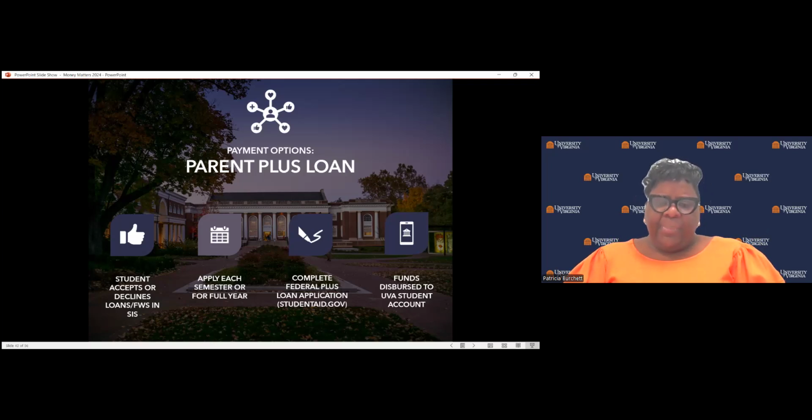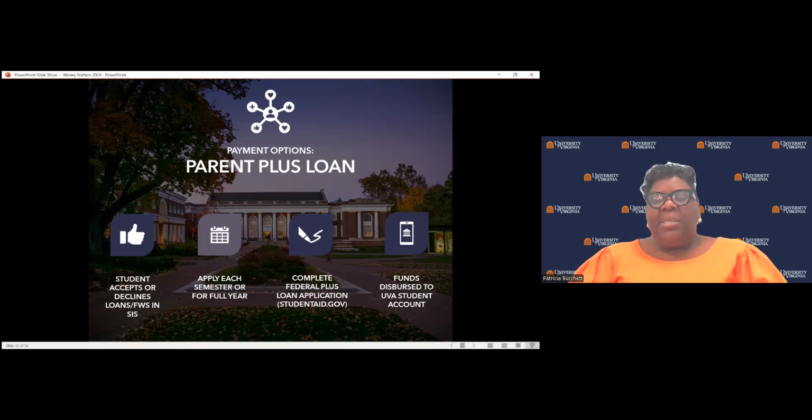And the way you apply for a Parent Plus loan is through the federal government's studentaid.gov website. And that's the same website that you go to apply and complete your FAFSA. If you go to studentaid.gov, you should see in their links a link to the Parent Plus loan application.